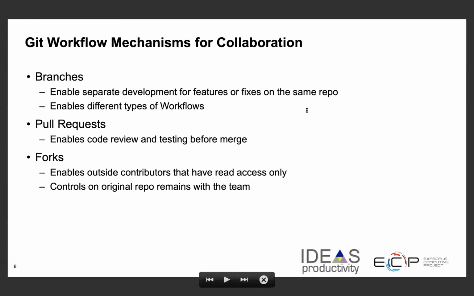There are many different ways in which you can use Git collaboratively with multiple people. As I said, the centralized workflow doesn't work well, but you have different workflow mechanisms such as branches, pull requests and forks. We will go through some of these. If you are familiar with the Git basics, you would be pretty familiar with these terms.